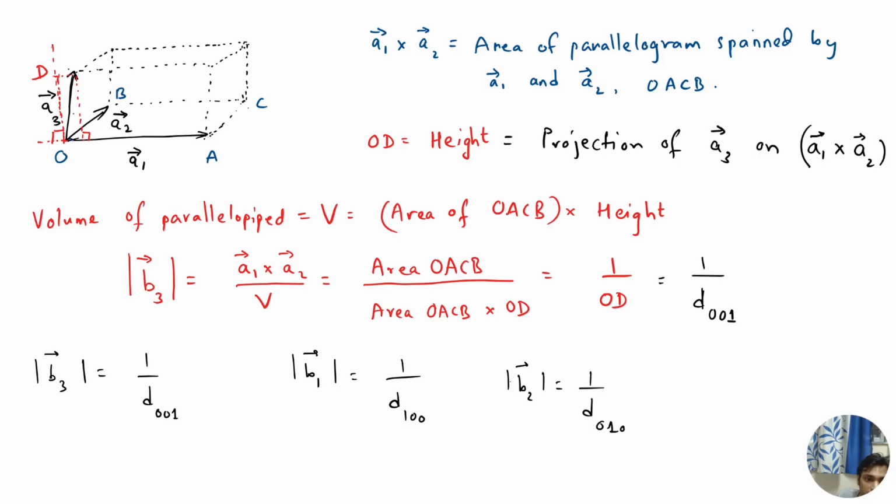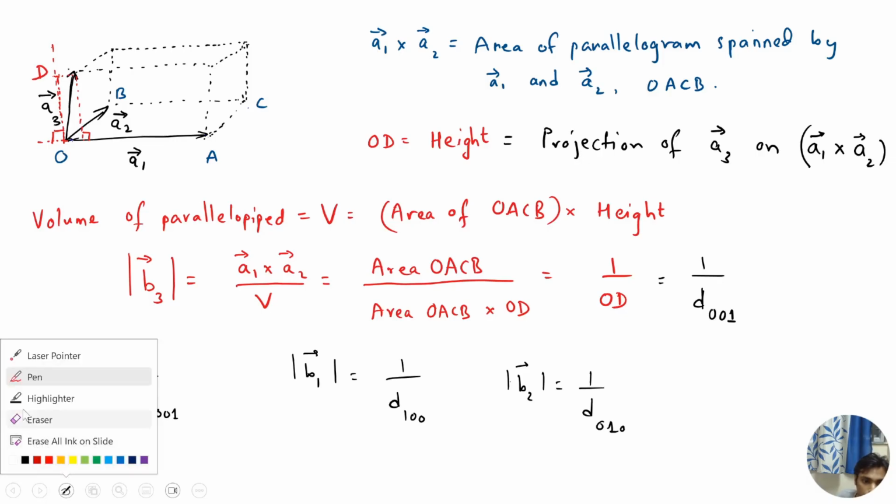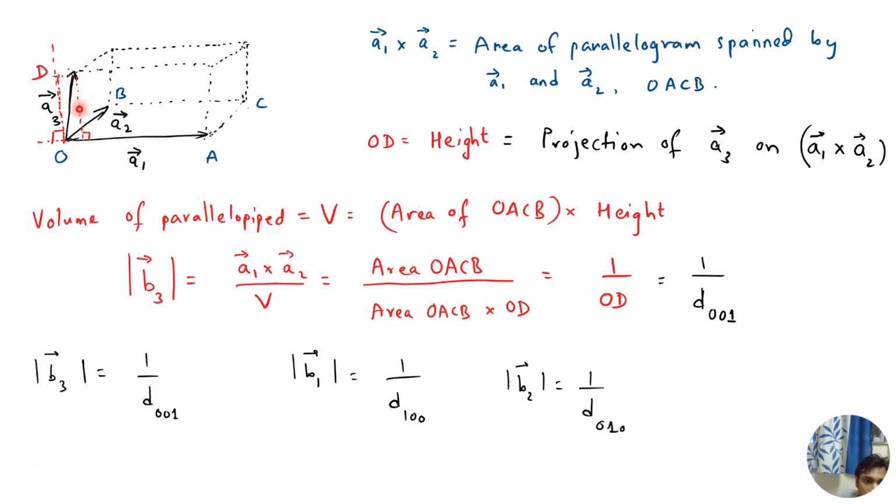If you look at this a3 vector, shown in black, it is a bit slanted. If you take the 90-degree projection OD, that is your height, the projection of a3 on the line perpendicular to the plane OACB.